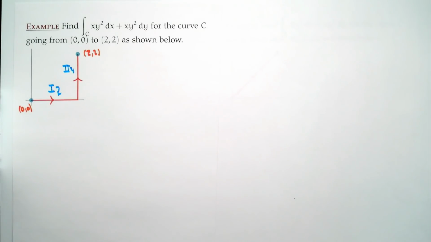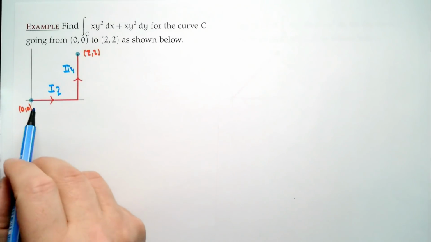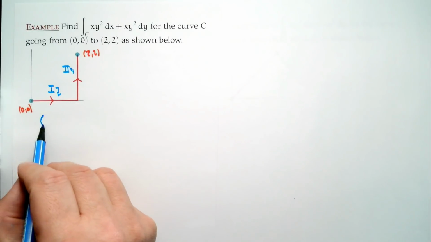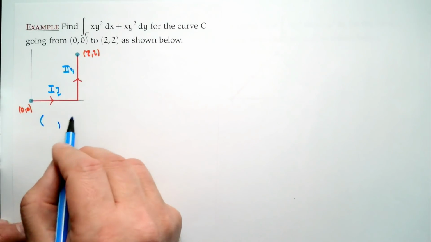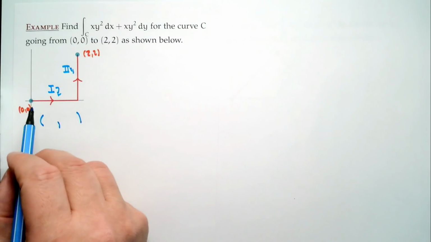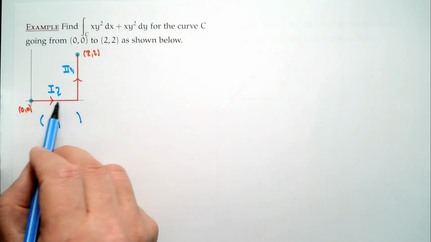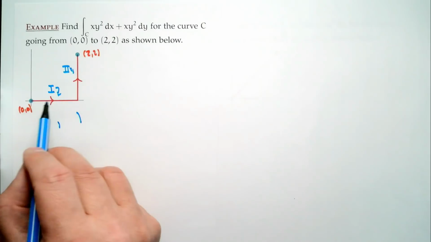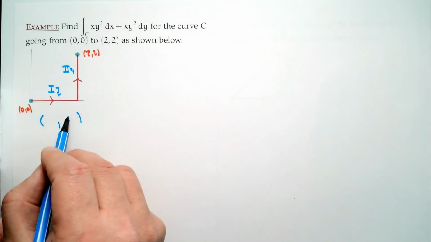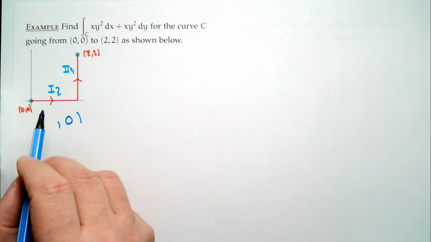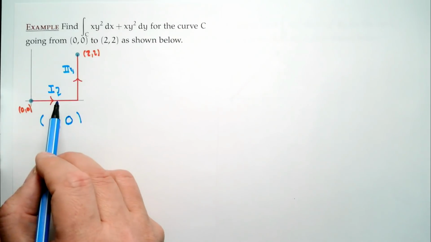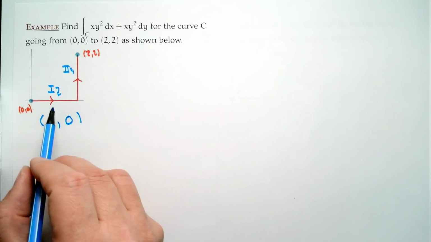If I'm moving in a nice horizontal fashion, let's talk about our x component and our y component. Let's do the easy one. What can you say about y here? Y is 0, because I'm always on the y equals 0 line. Now, what can you say about x? Our x changes and it goes from 0 to 2.